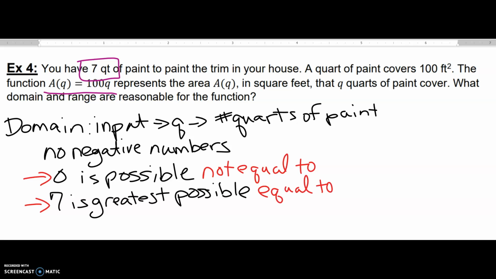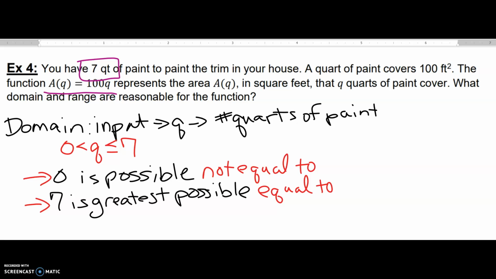So when we write our domain, we're going to use our inequalities that we were talking about last week. And we're going to say that we can have 0 less than, instead of x, we're going to use q. And then it can be less than or equal to 7. So that's our domain. So all of our x values, or our q values in this case, our input, need to be between the numbers 0 and 7.